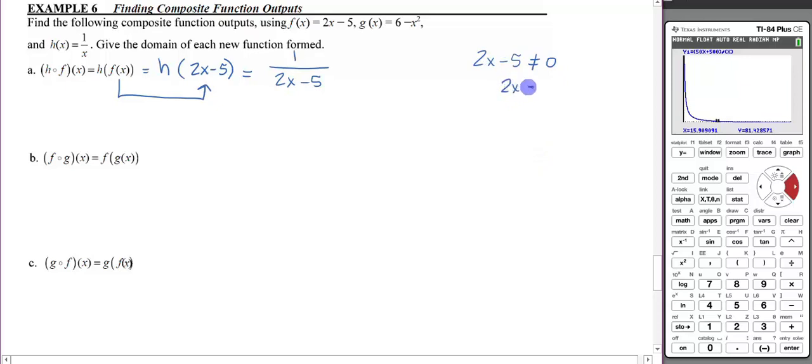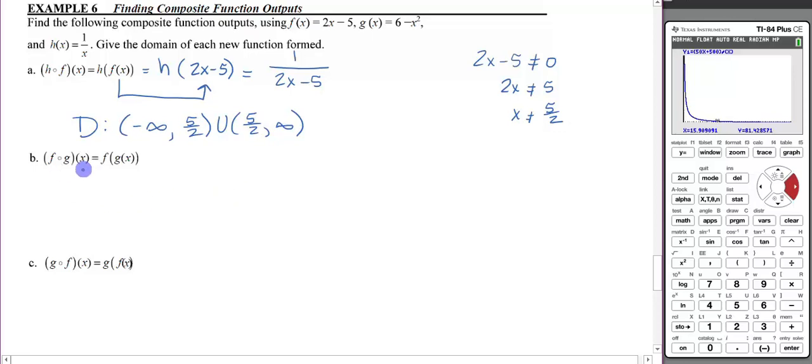We can solve this equation, and that shows us that x cannot equal 5 halves. We also have to determine the domain of the input function, which is 2x minus 5. The domain of that is all real numbers. So this is the only thing restricting our domain. Our domain then is from negative infinity to 5 halves, union 5 halves to positive infinity.